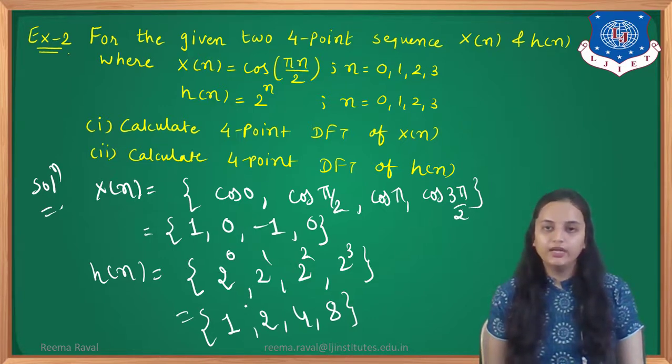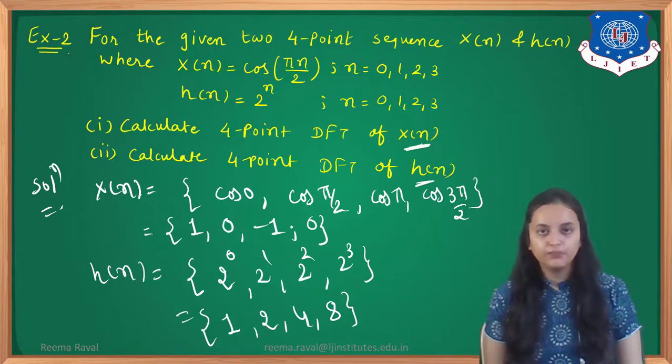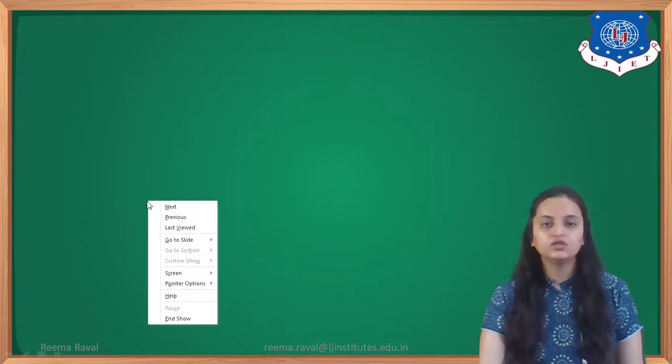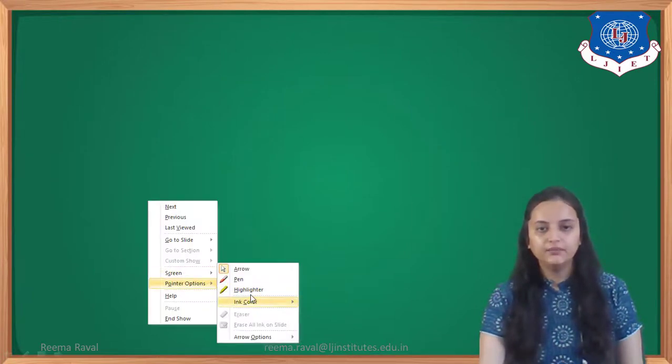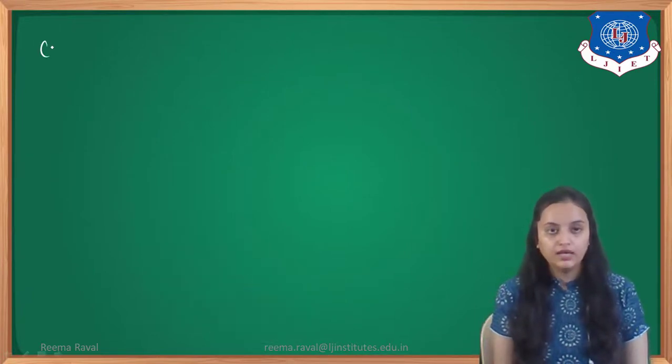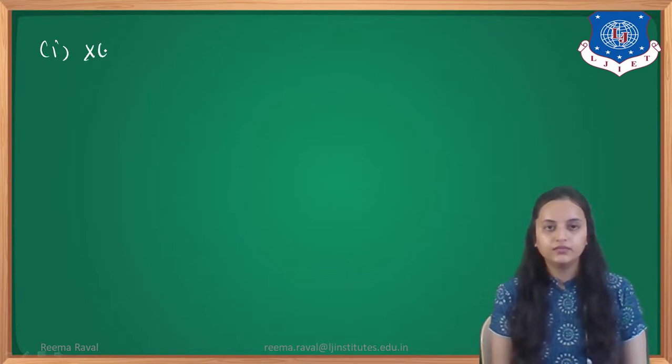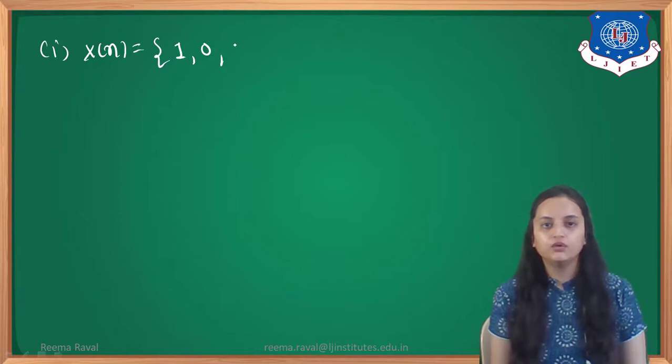Now using these two sequences, we will individually find the 4-point DFT for x of n and the 4-point DFT for h of n. So let us first find it for 1, 0, minus 1, 0, that means for x of n, using the same method. So first we are taking x of n equals 1, 0, minus 1, 0.